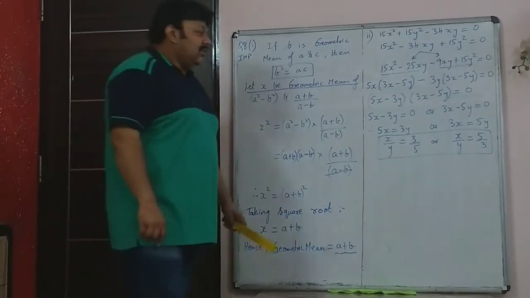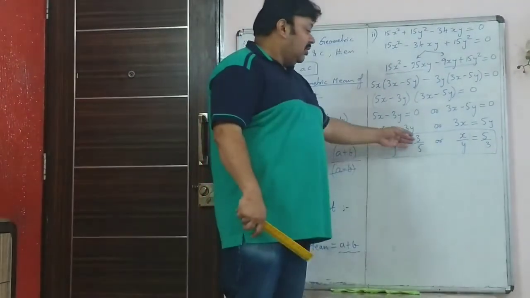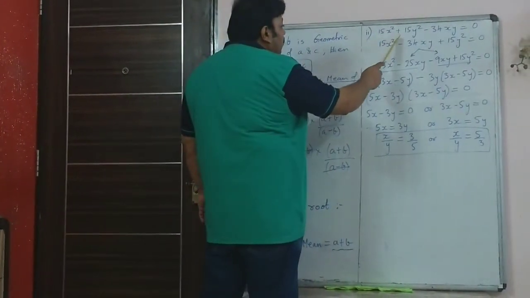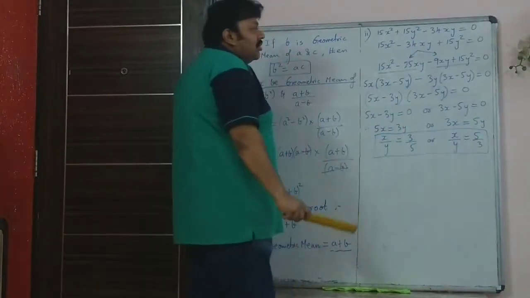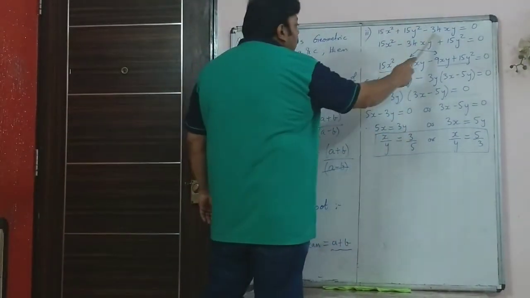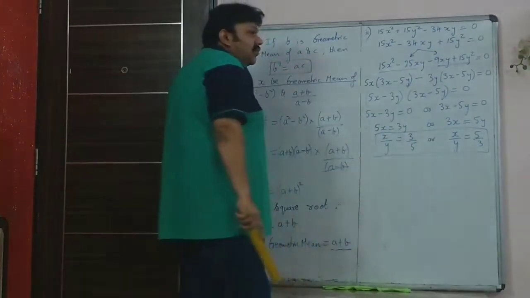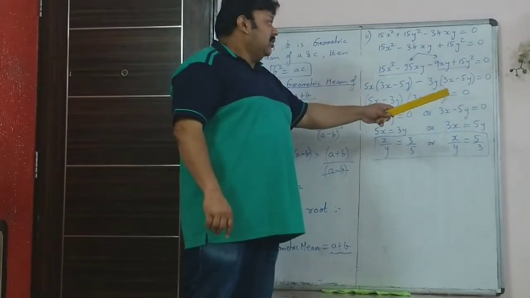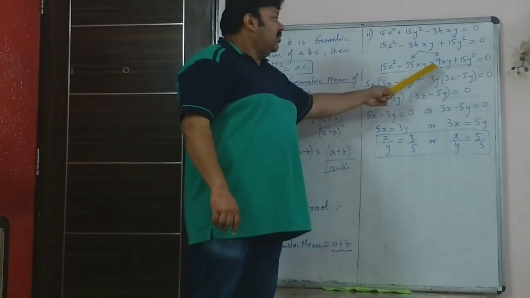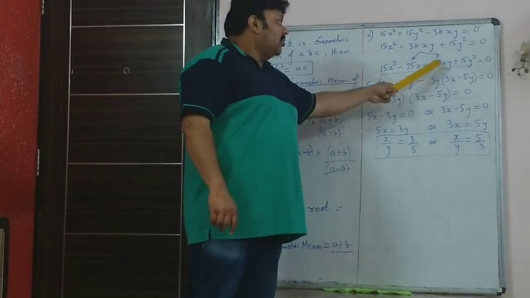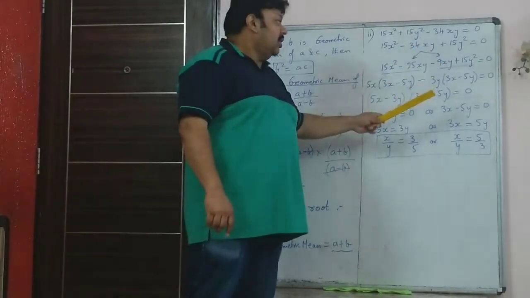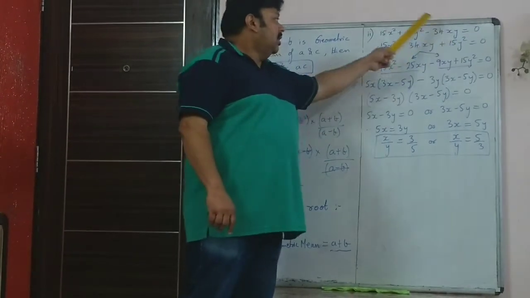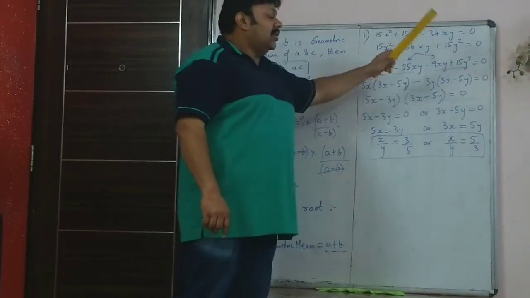Now in the next question you are asked to find what is the value of the ratio x upon y. You are given 15x squared plus 15y squared minus 34xy is 0. When you see this, you have to write 34xy minus 34xy at the center and split it in such a manner that on addition of those two terms you will get minus 34xy, and on multiplication of these two terms you get 15 into 15 x squared y squared.